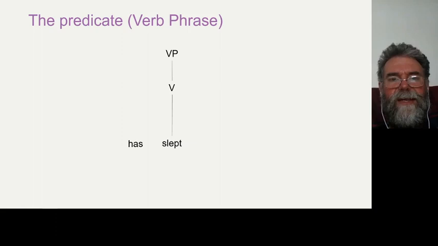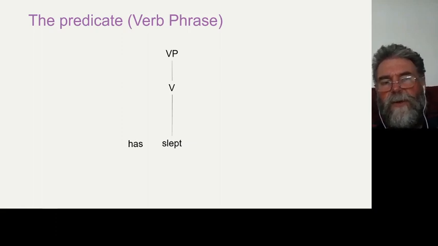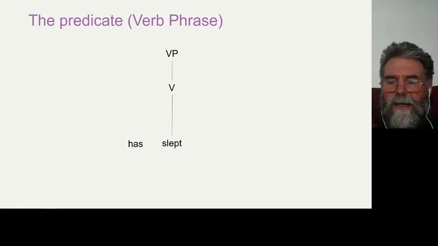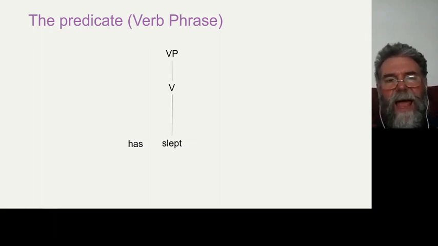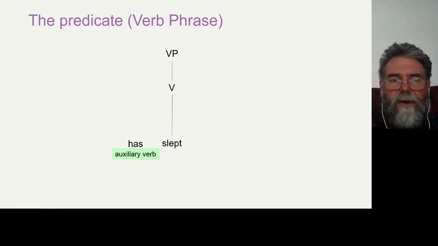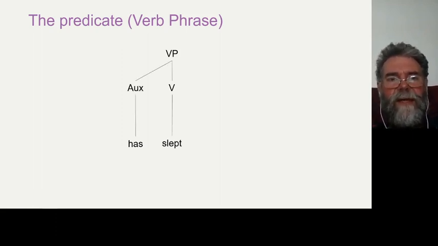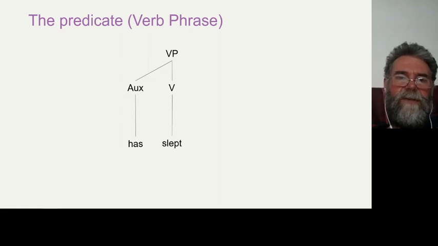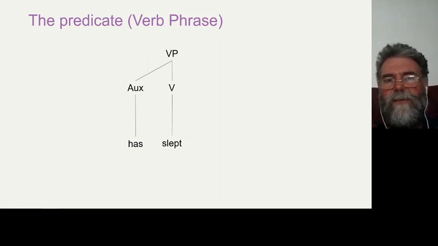Another word that you can fit into the verb phrase is a word that comes in front of the verb, another verbal type element. This kind of word, like has, as in has slept, is usually referred to as an auxiliary verb. So again, we've got a position for an auxiliary verb inside the verb phrase before the verb. We can represent that with aux as the abbreviation for the category of this element, showing the position that these kinds of words can go in.